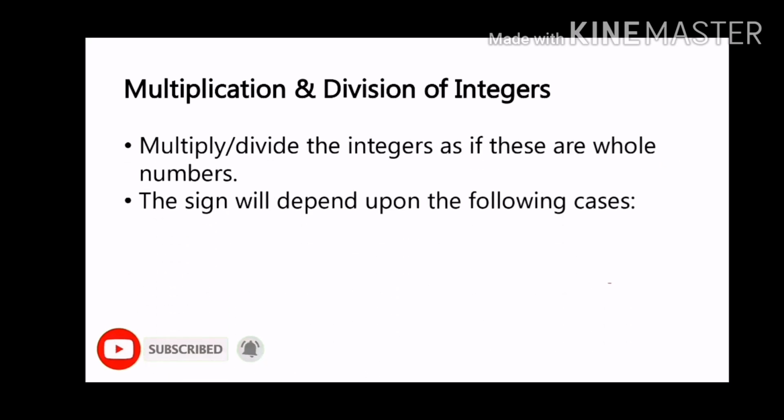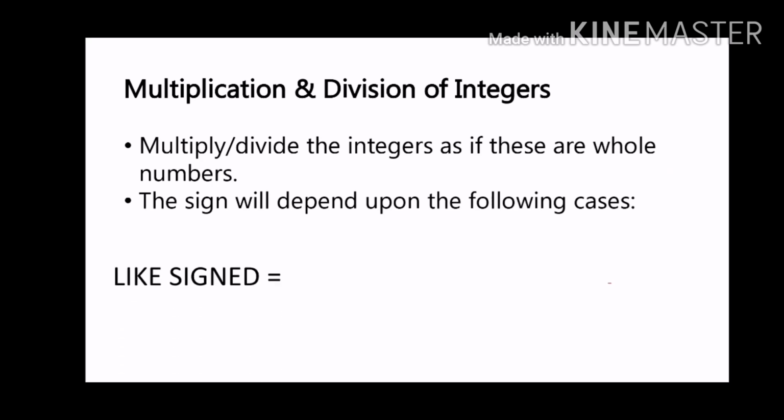Okay, now for the last two operations, which are multiplication and division, we'll just have one brief discussion for both operations, since both follow the same rules. So, multiplication and division of integers. First, multiply or divide the integers as if these are whole numbers. Second, the sign will depend upon the following cases.